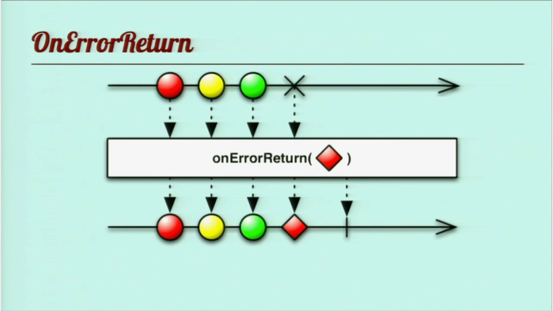And once again, it can also be conditional on the type of exception that you get. So if upstream I see an illegal argument exception, return null, and if it's array index out of bounds, return 0 instead, for instance. So this is just a single value that gets emitted instead of propagating the error. But then the stream still completes at this point. So yeah, you have this kind of error management in RxJava.